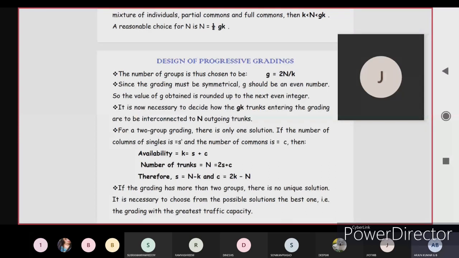There is only one solution. The number of columns of singles will be represented by S dash, and the number of commons will be represented by S.